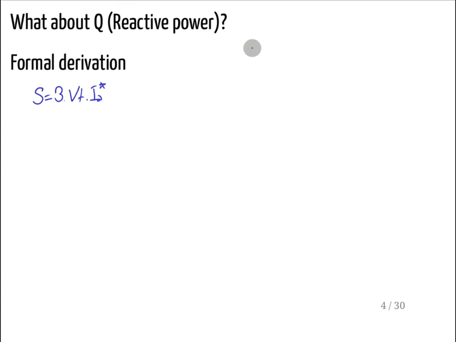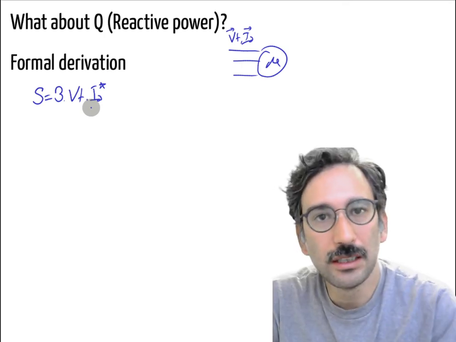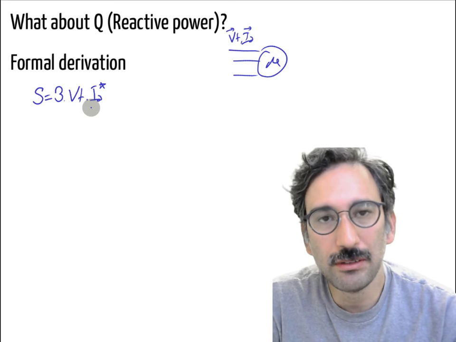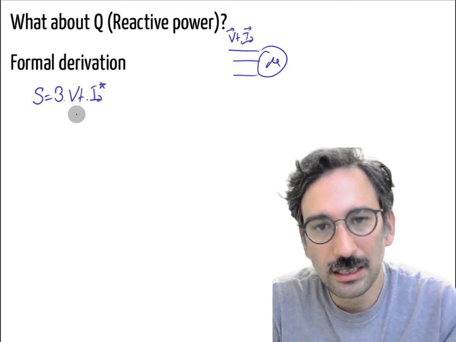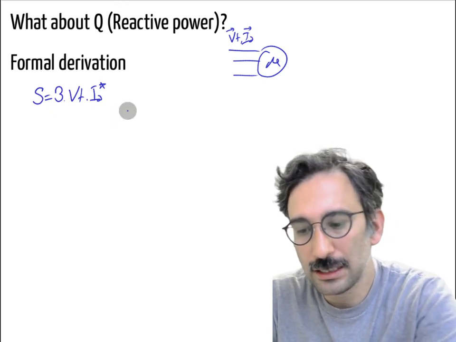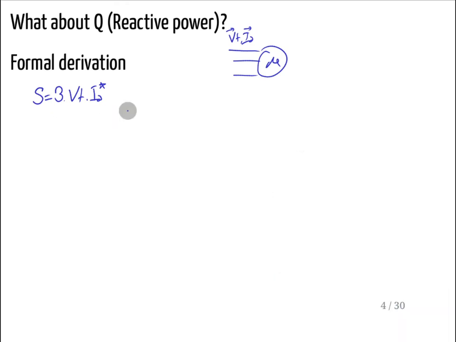Normally if you have any machine or motor and you know the Vt and Ia vectors, you can calculate real power and reactive power using that. Remember, the real part gives you the real power, and the imaginary part gives you the reactive power. We can derive both of them using that equation.